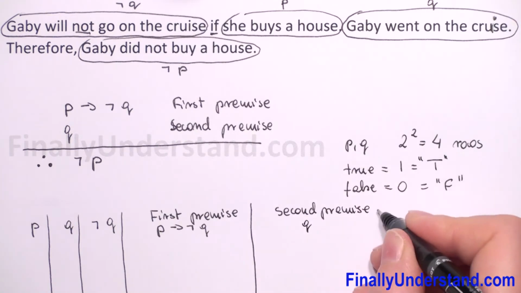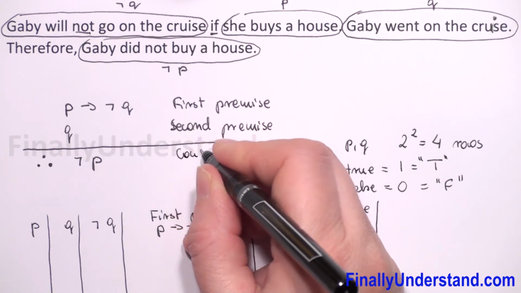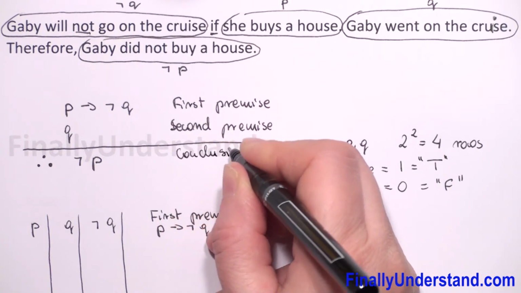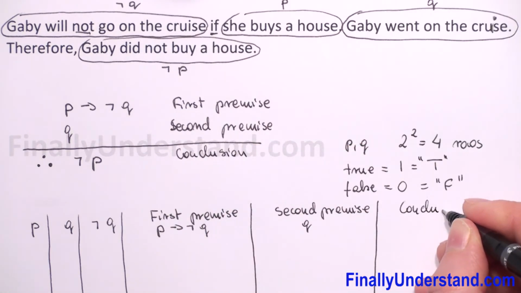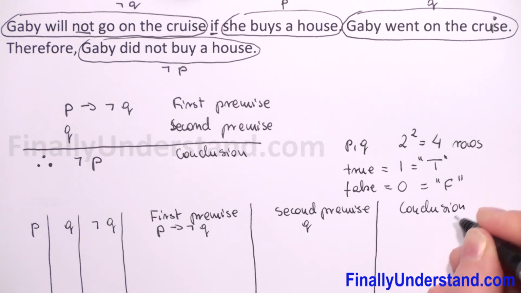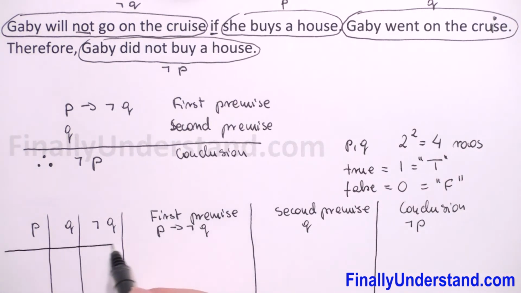This is Q. And our conclusion, I forgot to write. This is the conclusion. This is not P.